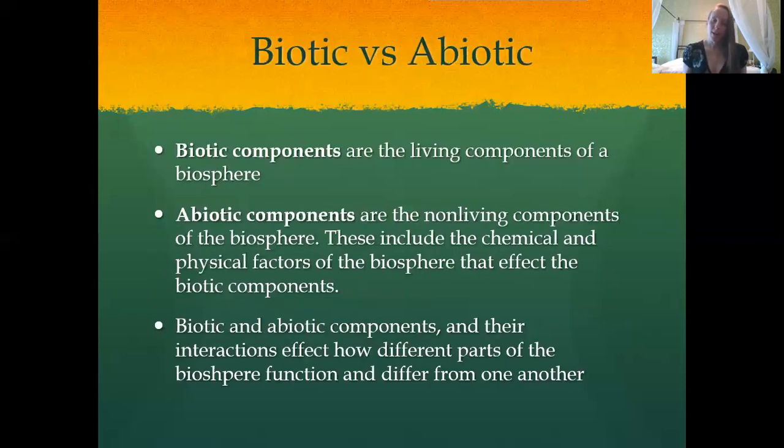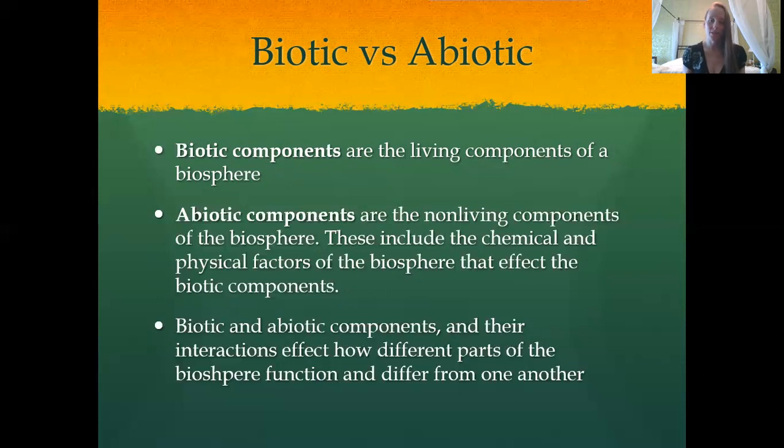Biotic and abiotic components, or abiotic and biotic factors, are ways that we can describe different parts of the biosphere. The biotic components are any of the living parts of the biosphere, so the plants, animals, bacteria, all that kind of stuff. And then the abiotic components are the non-living parts of the biosphere. So those are all of the chemical and physical parts of the biosphere.